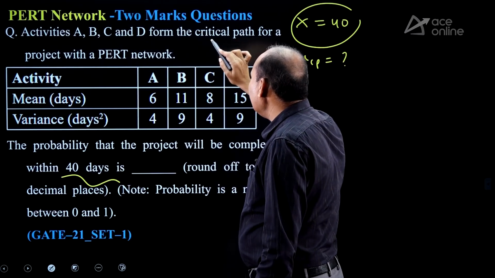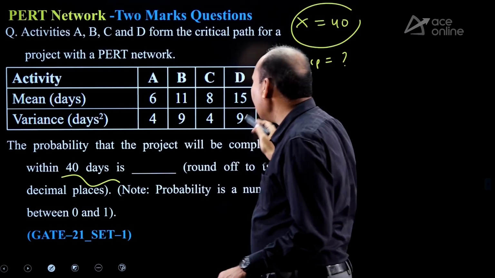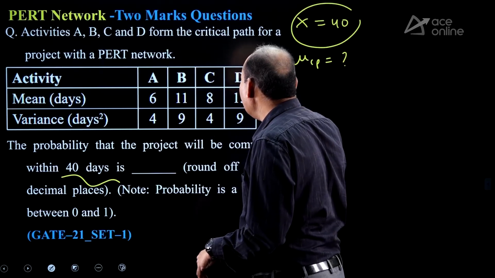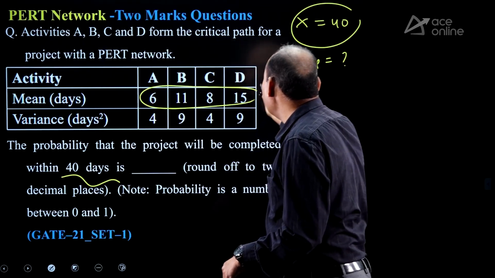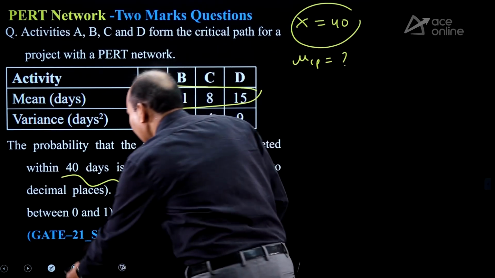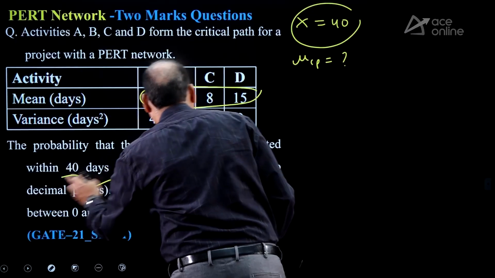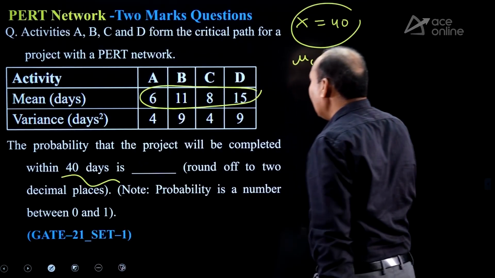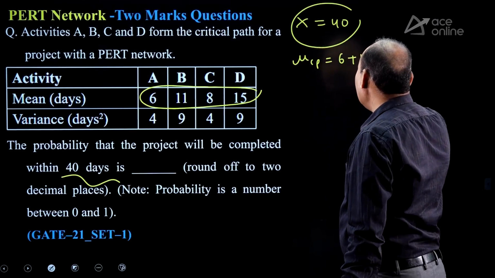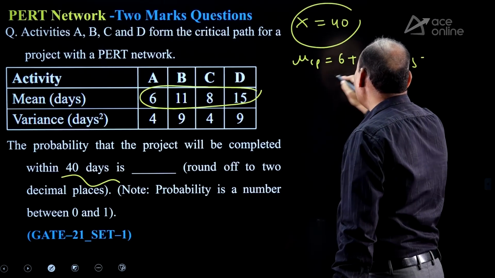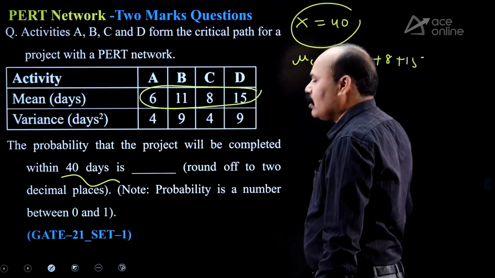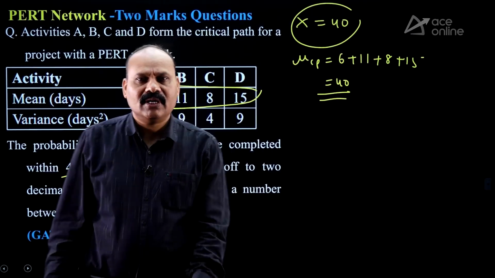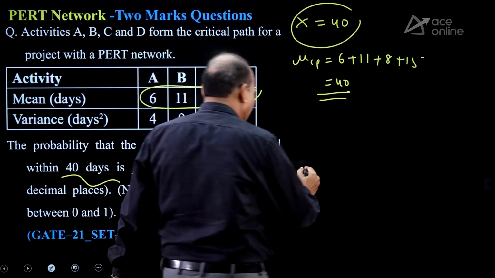Activities A, B, C, D are on the critical path. All are critical. So A, B, C, D is the critical path. What is the duration of the critical path? So mu Cp is equal to 6 plus 11 plus 8 plus 15, which is 40. Critical path is equal to 40, x value also 40. What is the probability of completion?